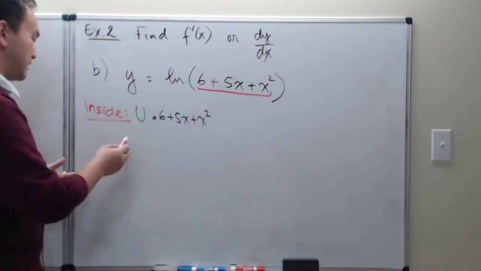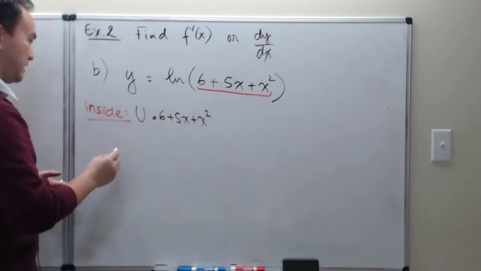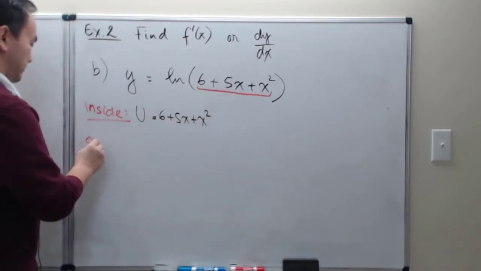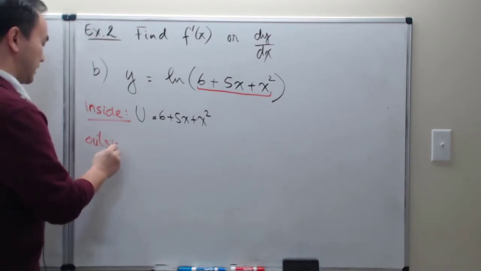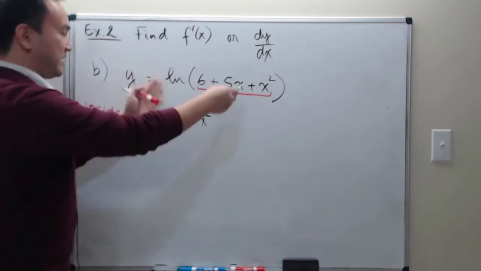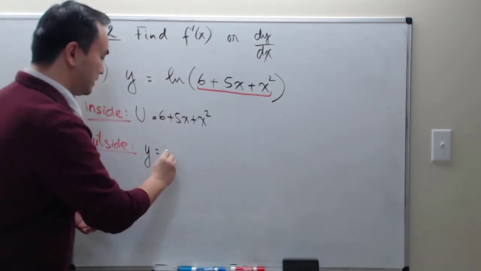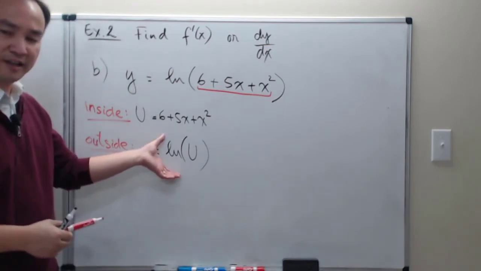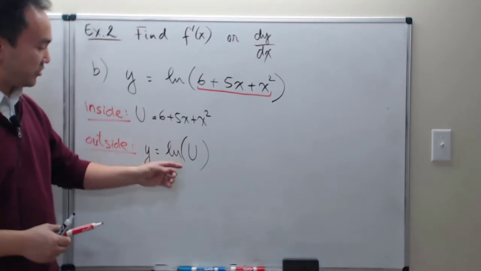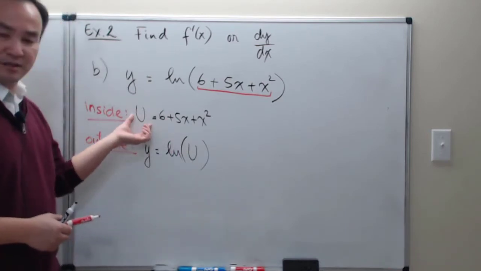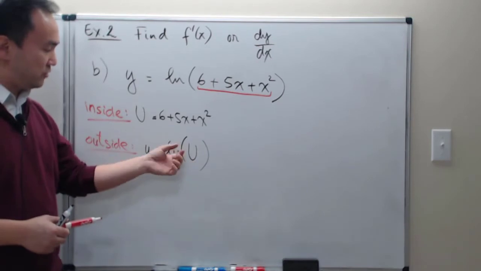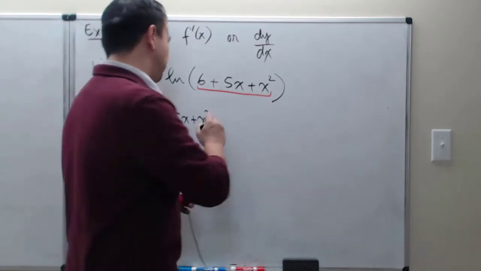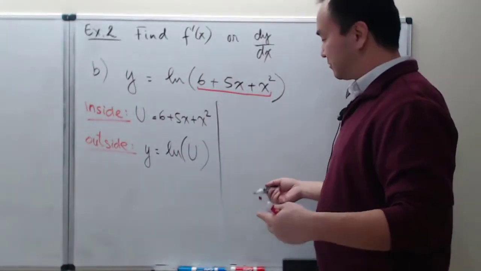And so once we substitute that entire red underlined expression as our inside and assign it to the variable u, then the outside expression becomes y equals natural log of u. That's why I'm calling that the outside, because all the inside is already substituted away with the variable u, so all that remains is the outside right here. Okay, and so now the chain rule is about ready to be applied here.